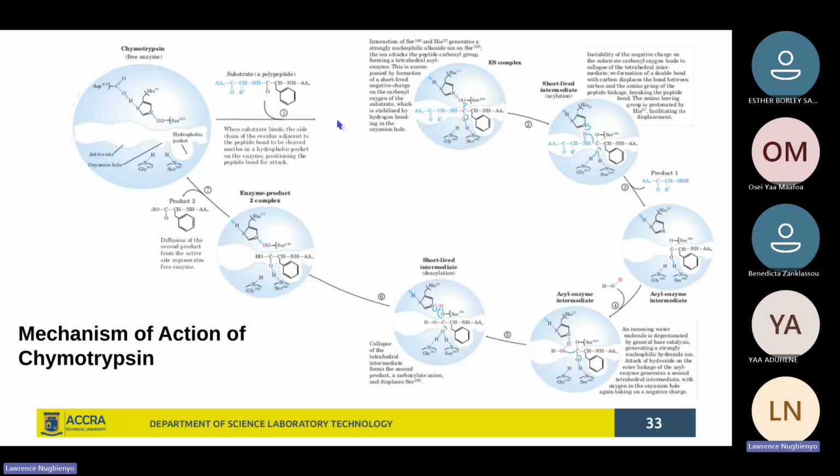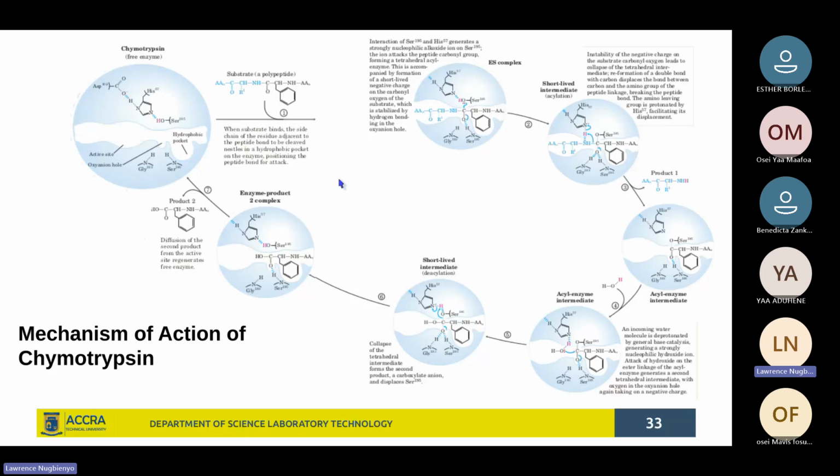Now, when we were looking at classification of enzymes, specifically when we were talking about enzyme specificity, we mentioned chymotrypsin as one of those examples with group specificity.